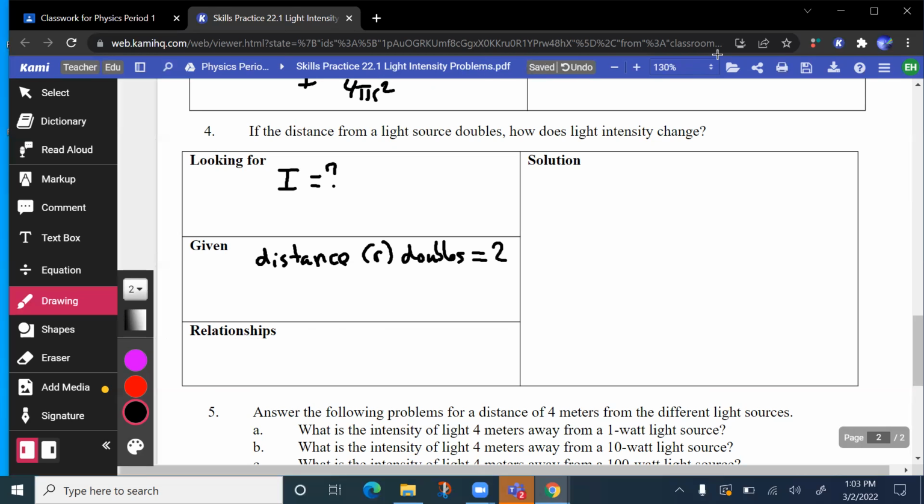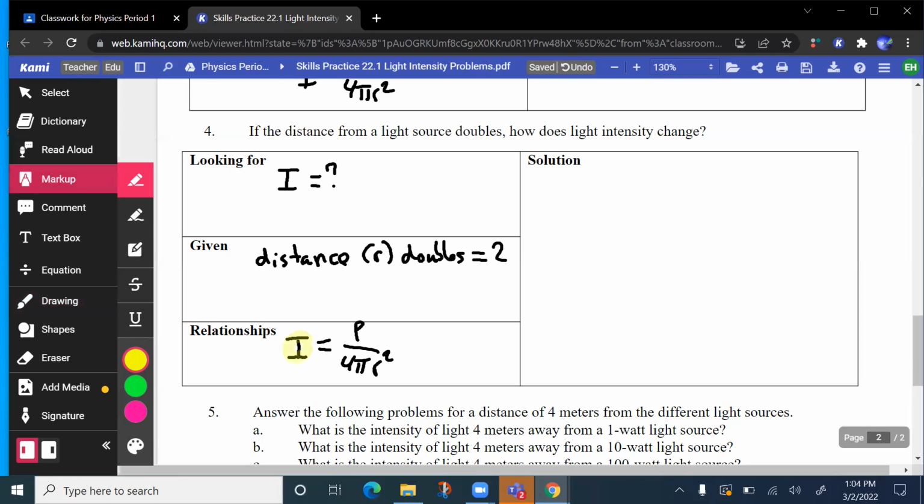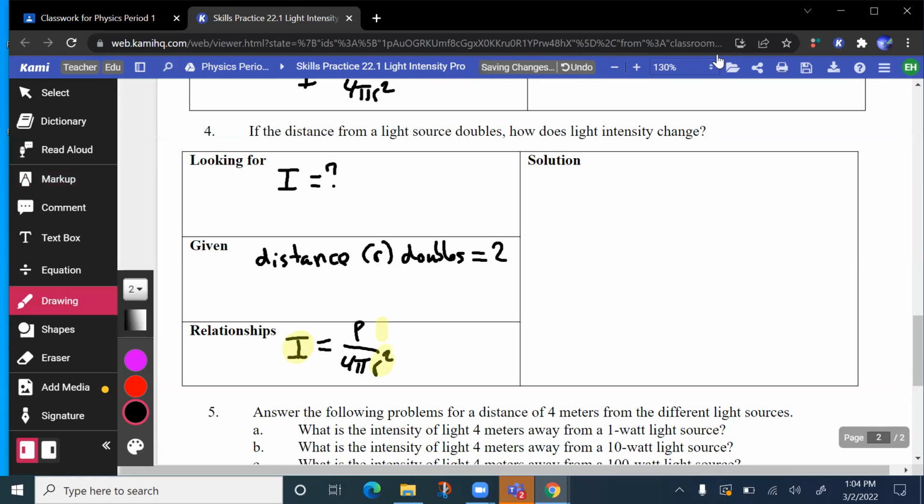We're going to do a different relationship this time. We're going to use a proportionality, not the actual equation. The actual equation is power divided by 4 pi r squared. The proportion that we can use is that I is proportional to 1 over r squared. And that's what we're actually going to be dealing with here.